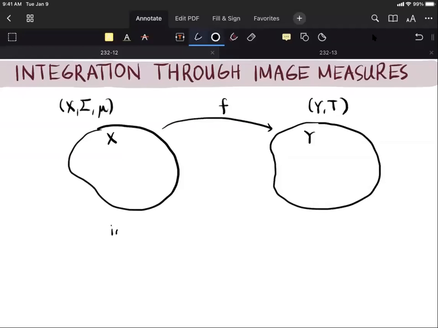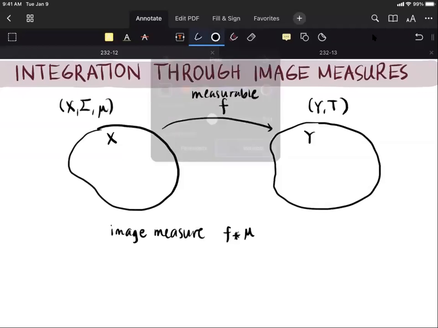Recall that the image measure induced by this measurable function is denoted by f sub star mu.